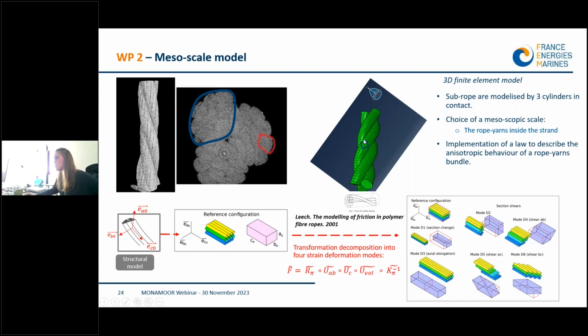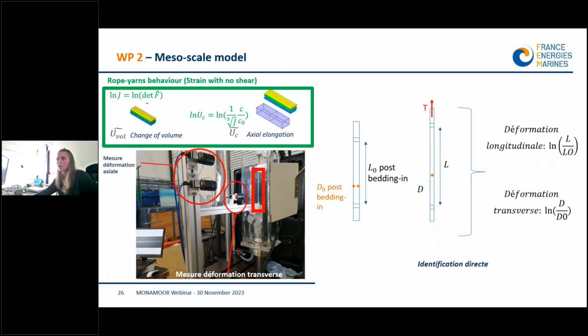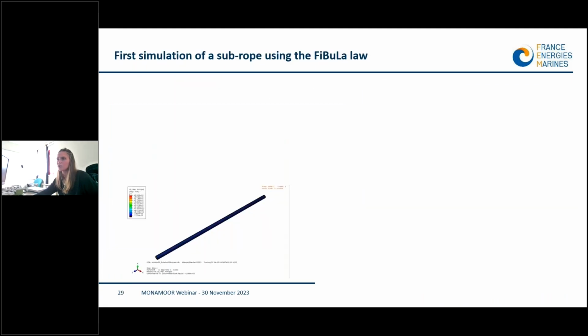We use Abaqus, and then we implement a behavior law inside each integration point. This behavior law has to describe the behavior of the rope yarns that are composing the strand. So this is just the theory, and I will just show you the results.